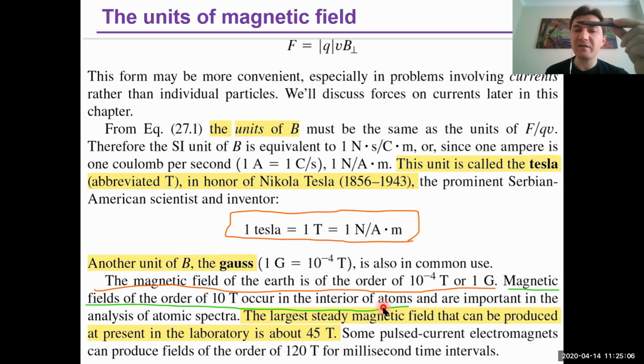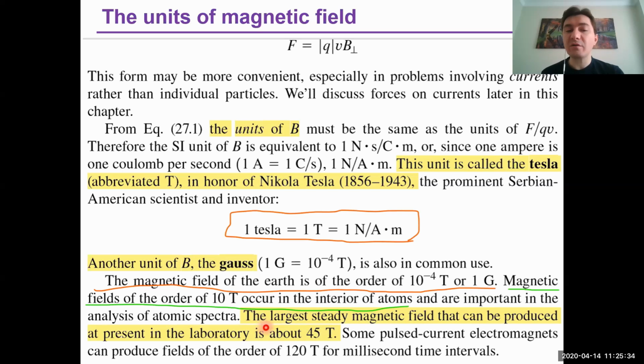Okay, this is detailed information about magnetism, but I will try to give you an idea to compare the magnetic field sources. So the molecular field is around 10 to the 3 Tesla, okay? Not 1 Tesla, 10 to the 3 Tesla. A huge magnetic field is present within the magnetic materials.